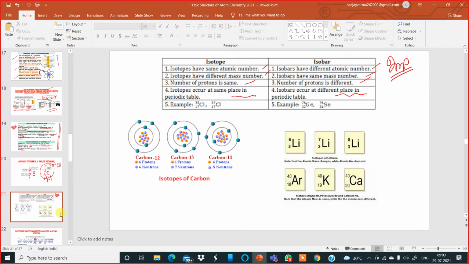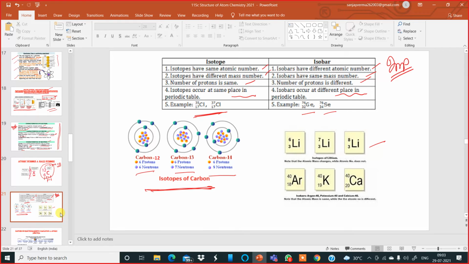An example of isotopes is the chlorine isotopes, Cl-35 and Cl-37. Whereas for isobars, the example is germanium and selenium, where the mass number is the same and the atomic number is different. A better example, you can have a look over here: carbon 12, carbon 13, carbon 14. And over here, an example of isotopes of lithium: lithium 3, 6, 7, 8.